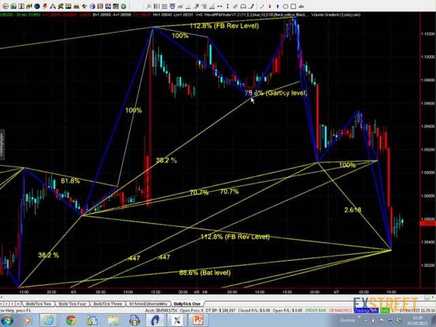First of all, it put in a little bounce at a Gartley level. Now, let me just say this, that where we've got an important level, where it would be highly likely that at the very least a bounce would come in, and that's what did happen. We got a bounce here. Didn't last very long, not even a couple of hours. But where you've got an important level, the price subsequently breaks through, that becomes exceedingly bearish.